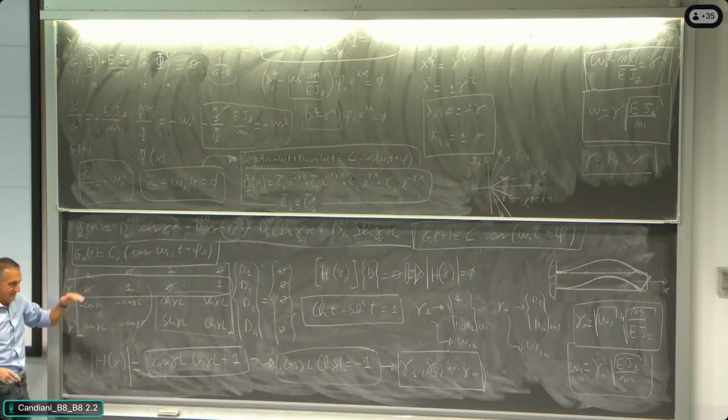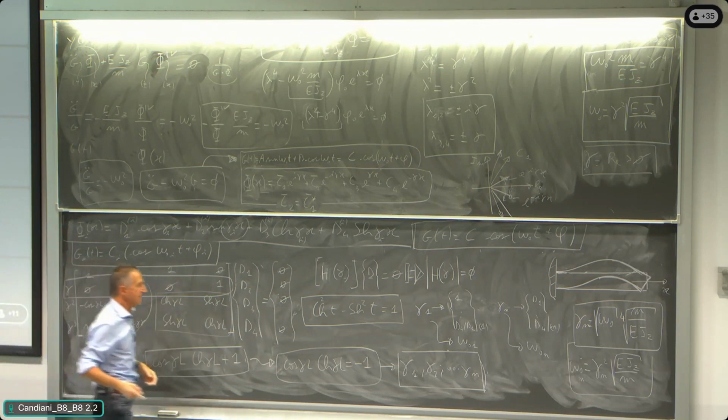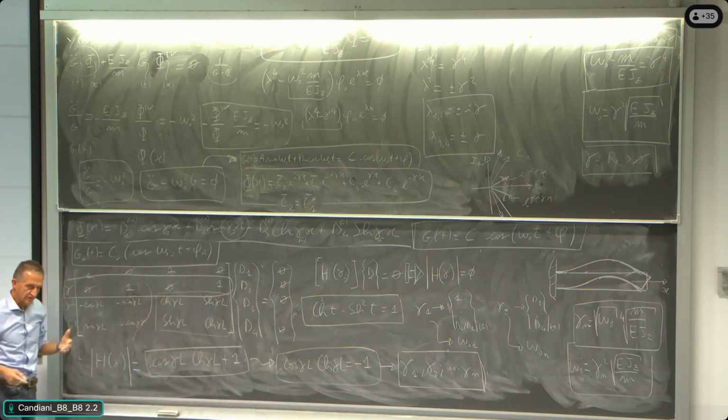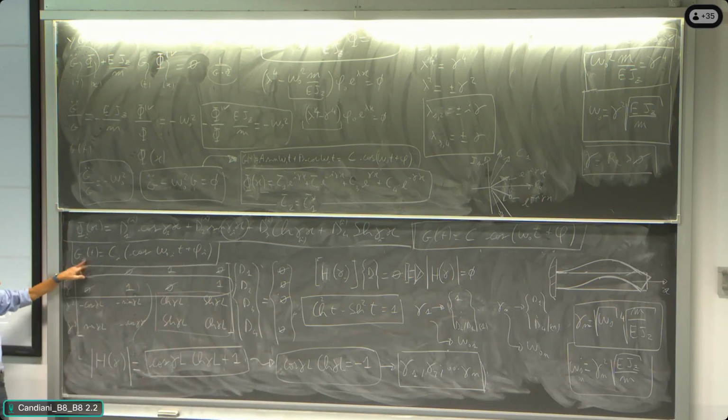And the overall solution will be the Ci multiplied by Gi, added all together, so making the summatory over i going from 1 to infinity of Gi multiplied by Phi i, all right?